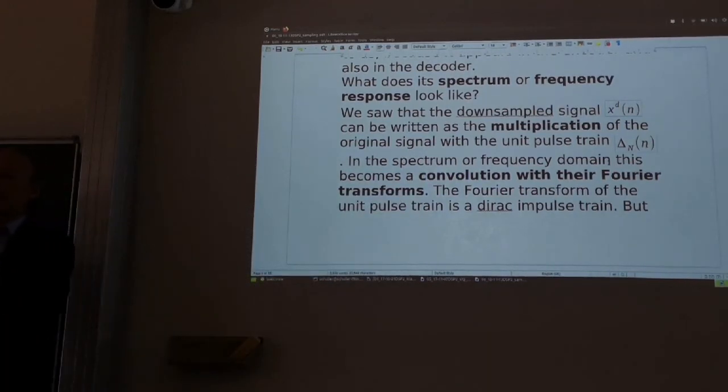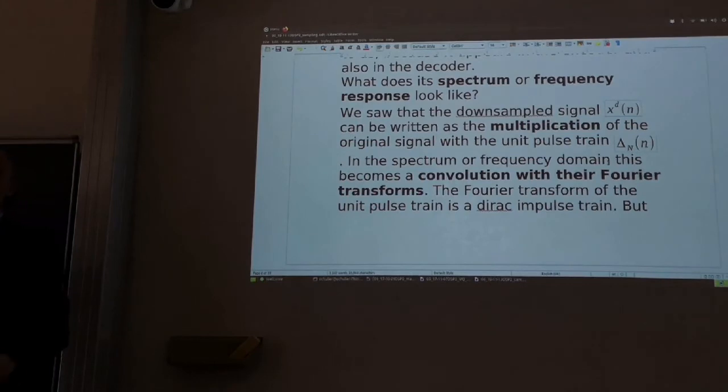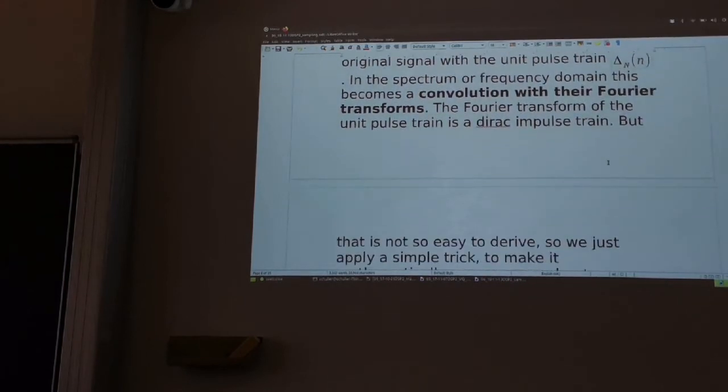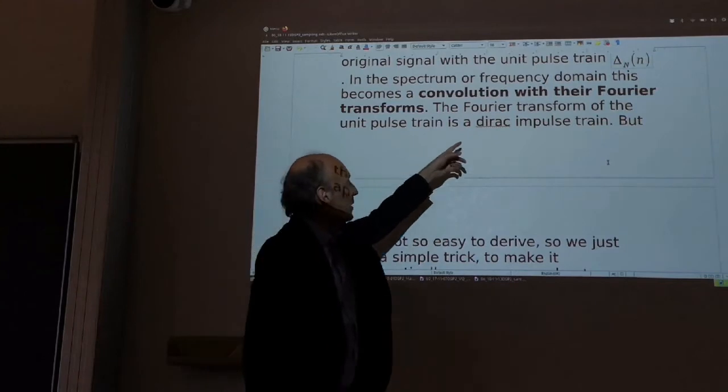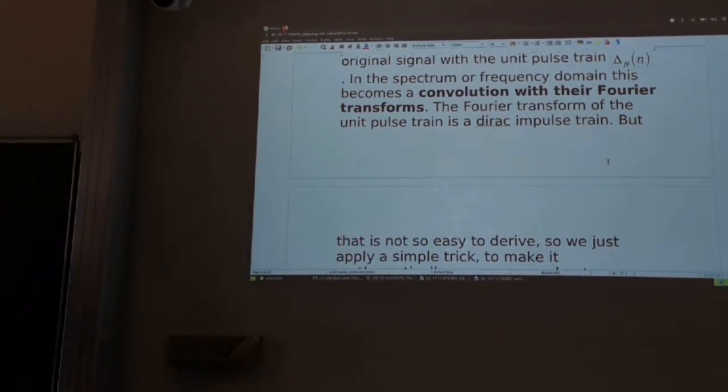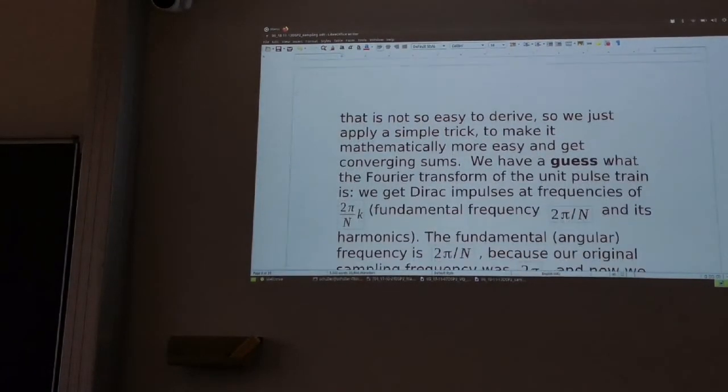So multiplication in the time domain is a convolution in the frequency domain. We just need to have the Fourier transforms of the two. The Fourier transform of the unit pulse train turns out to be a Dirac pulse train. But that's not so easy to derive.